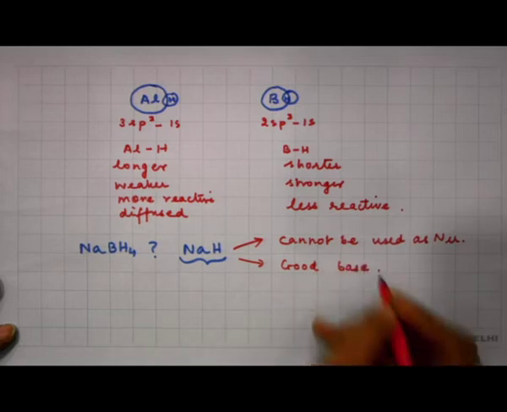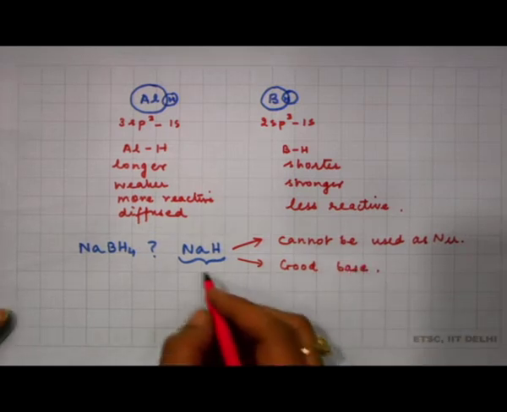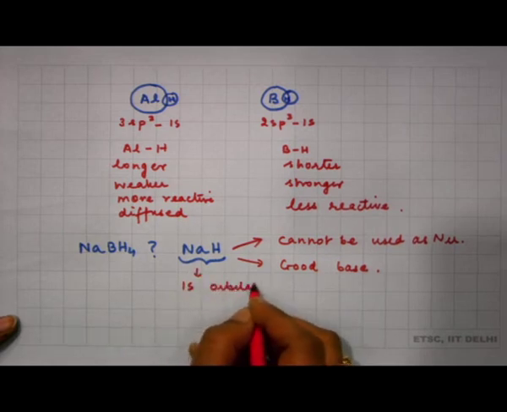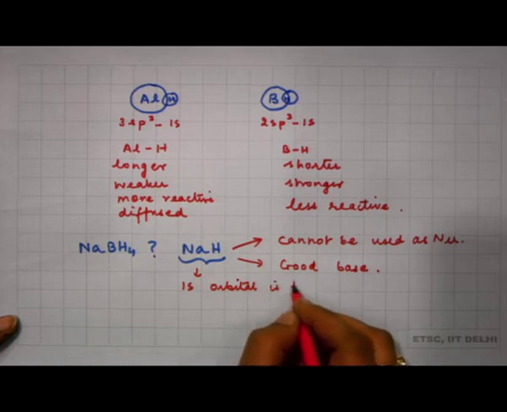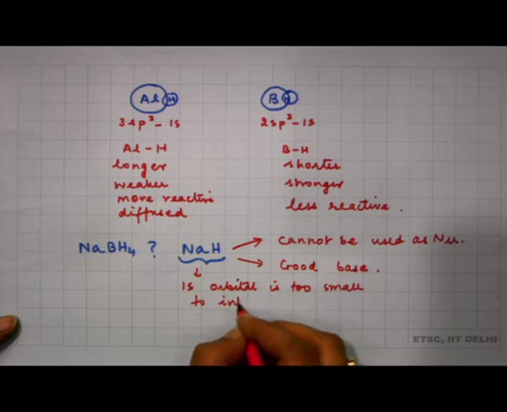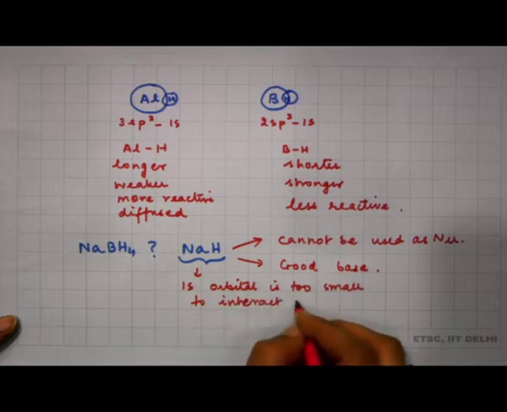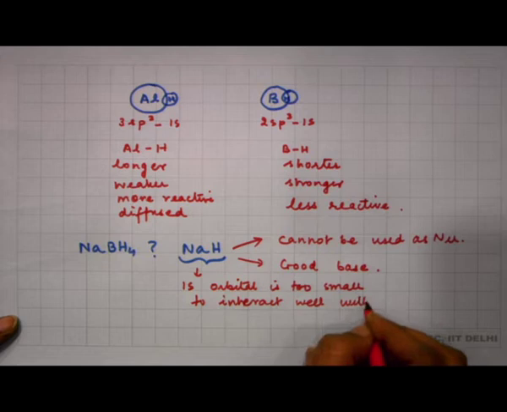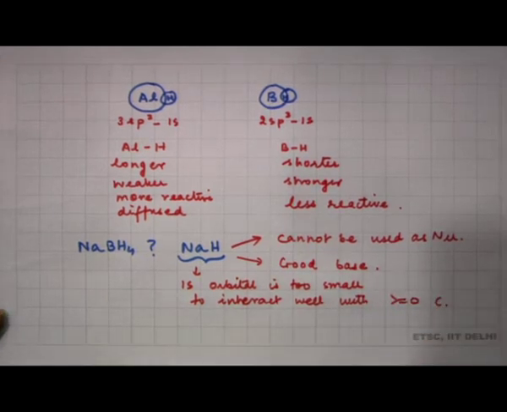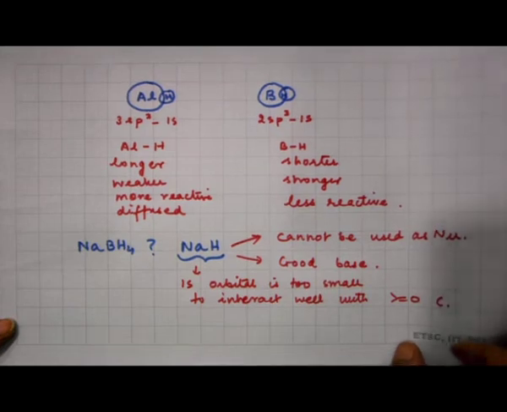Sodium hydride is only used as a base, because the 1s orbital is too small to interact well with the carbonyl carbon. Because of its very small size, it is not good to be used as a nucleophile; it only works as a base.